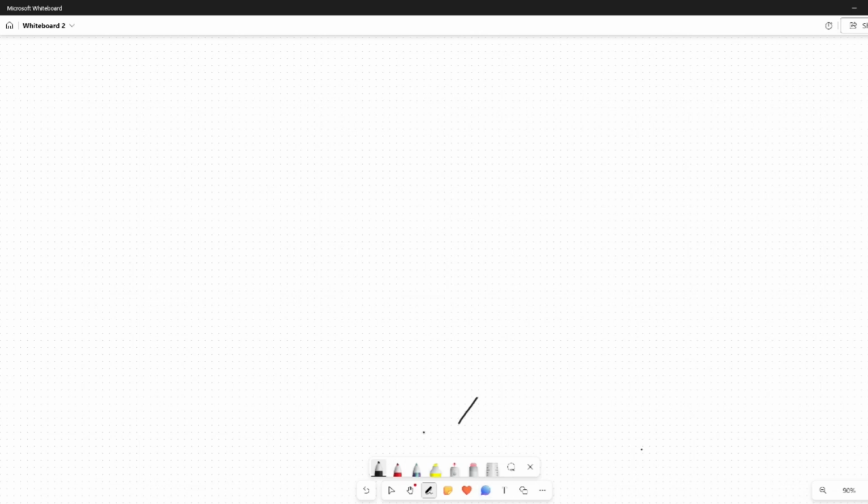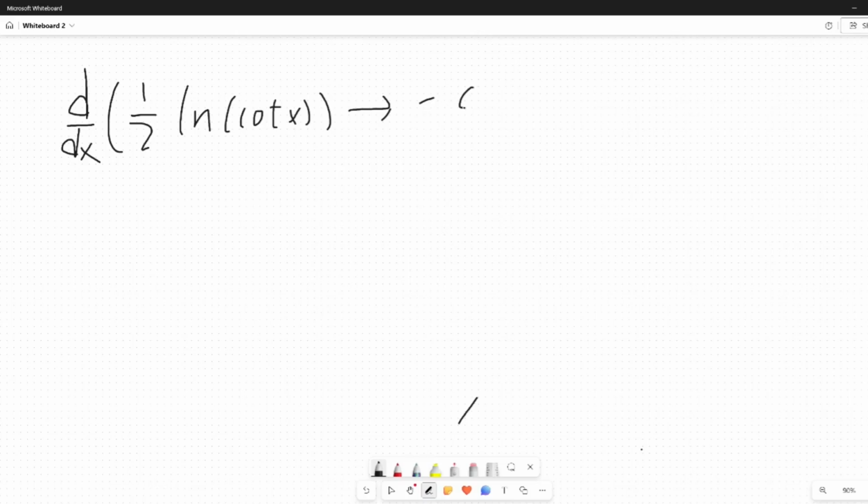Okay, so we have the derivative of 1/2 ln cotangent of x, and we're trying to make this negative cosecant 2x. What we're going to be using here is the chain rule.